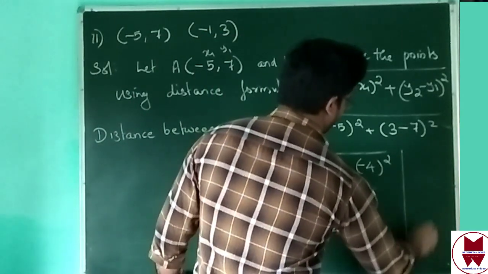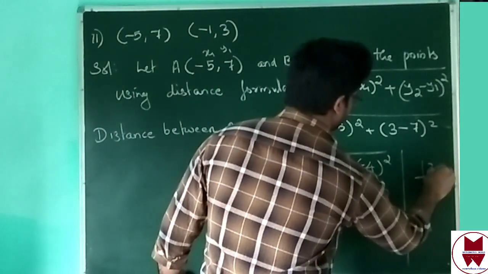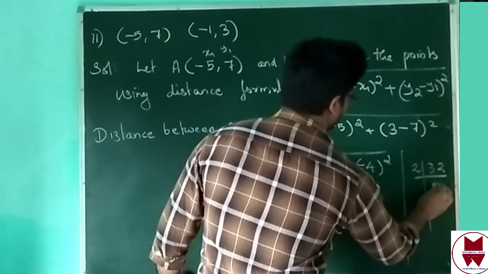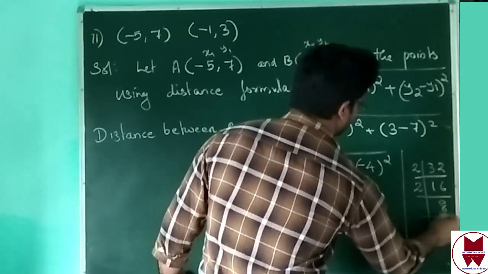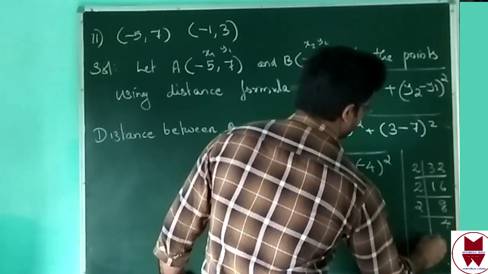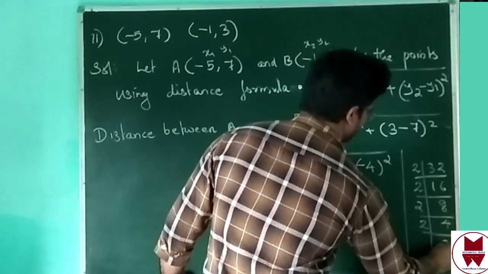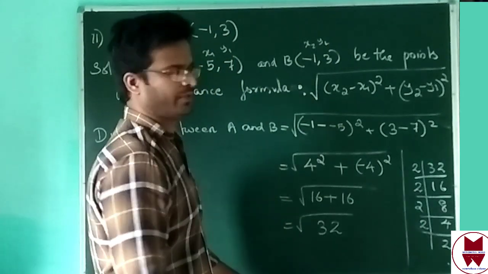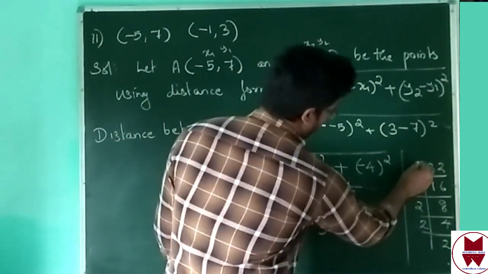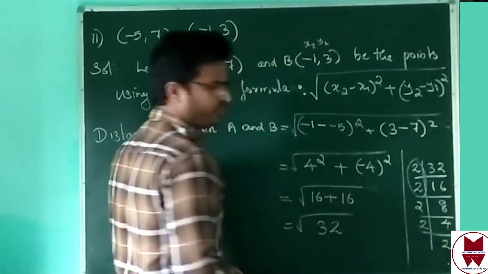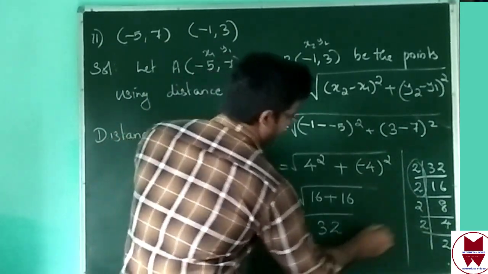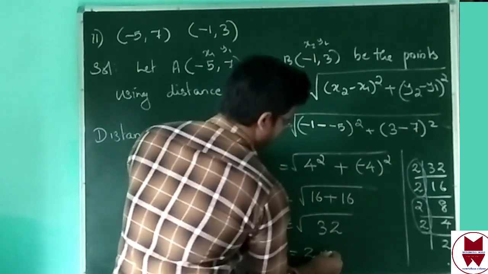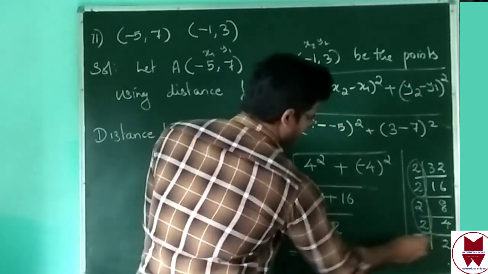Then you can factorize 32, use 2, 16, 2, 8, again 2, 4, again 2, 2. When you factorize, you will get this answer. Then out of 2 2's, take one 2 outside. When you take the square root, from here also take one 2 outside, then remaining only 2.